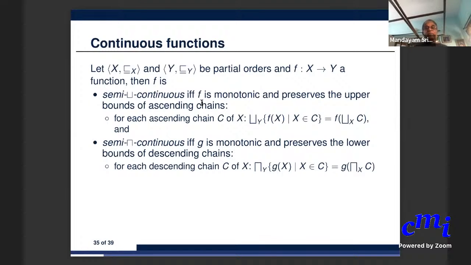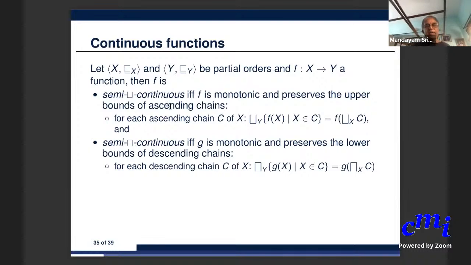It requires that the function, in addition to being monotonic, also be continuous. A monotonic function is said to be continuous if, for every... so it is either join continuous or meet continuous.